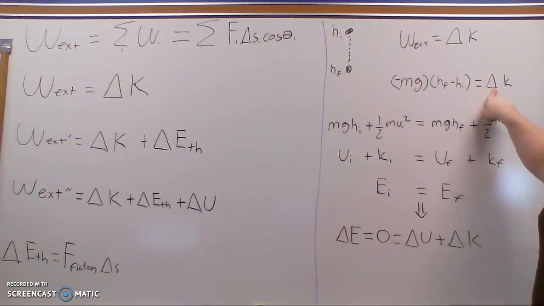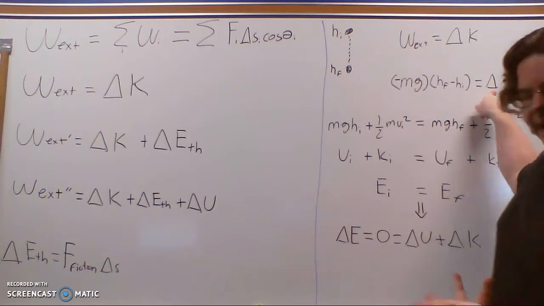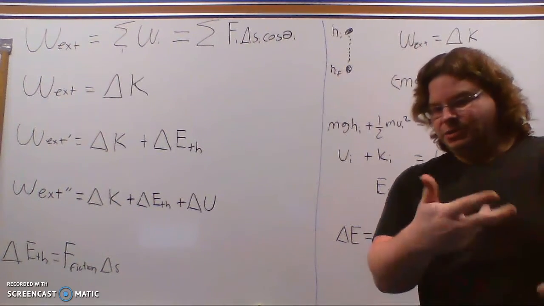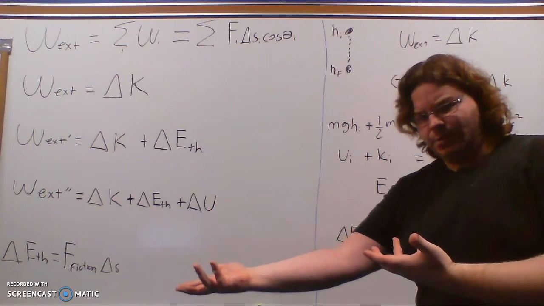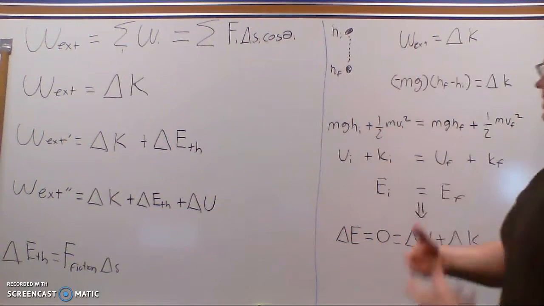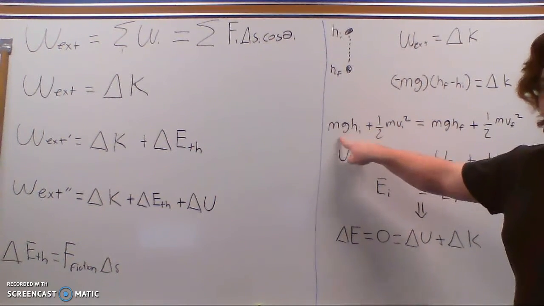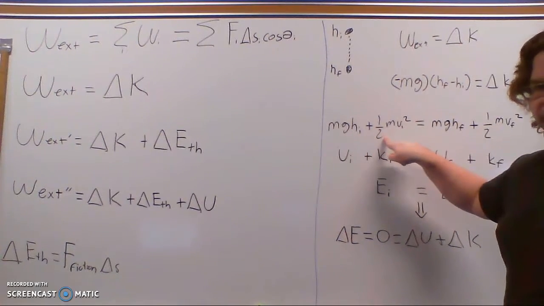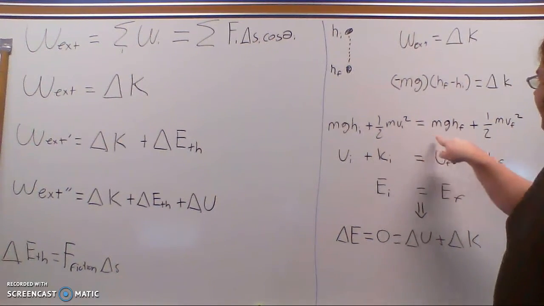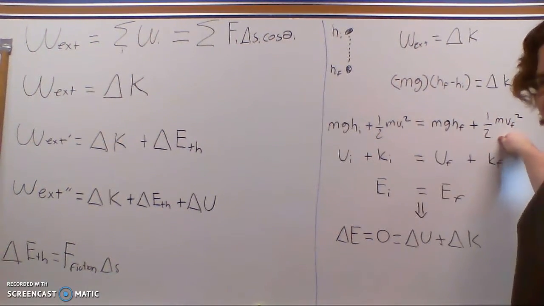And similarly, my change in kinetic energy is 1/2 mv final squared and 1/2 mv initial squared, so I can break that into two terms. I'm going to put all the initials on one side, mg h initial plus 1/2 mv initial squared, and similarly the final terms on the other side.